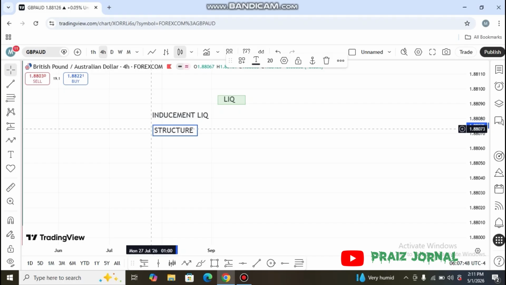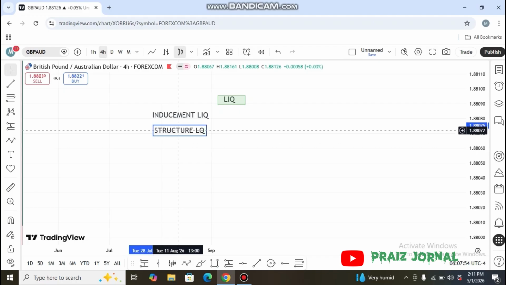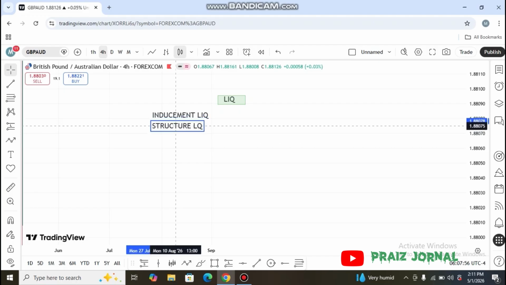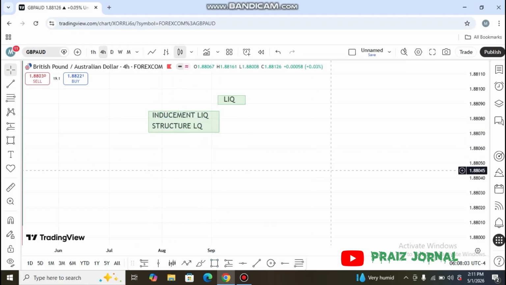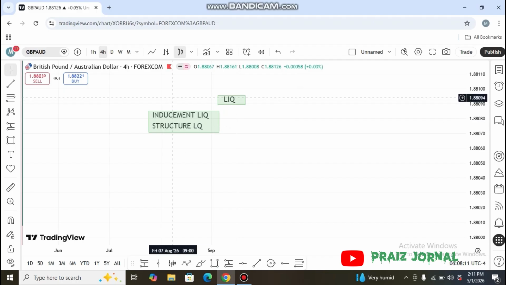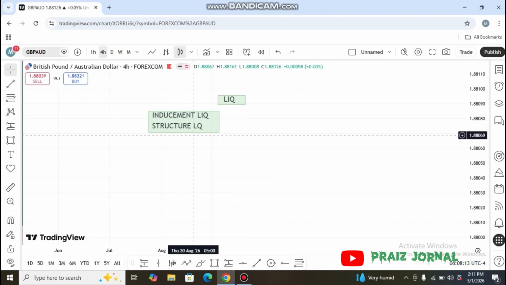My structural liquidity is different from other traders', I will not lie to you. So the two types of liquidity that I use, to make it easy for you to spot in the market, are inducement and structural liquidity.